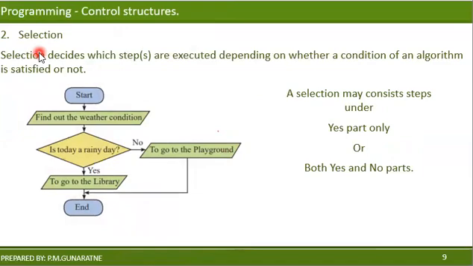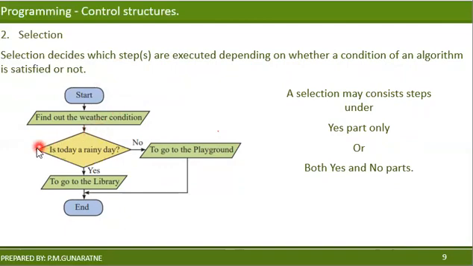This is a very important and very versatile, valuable control structure, which will be used in many computer programs, right? Selection decides which step or steps are executed depending on whether a condition of an algorithm is satisfied or not.